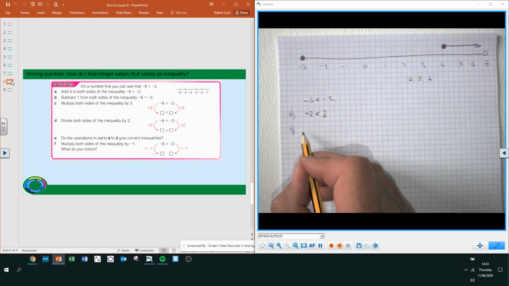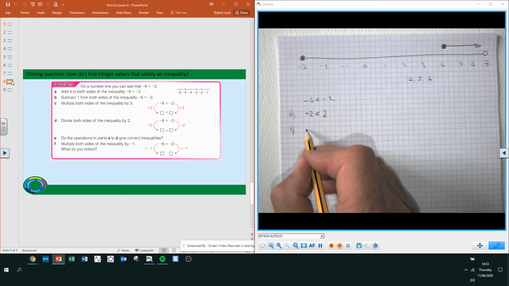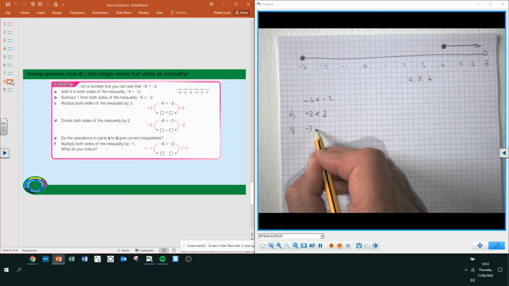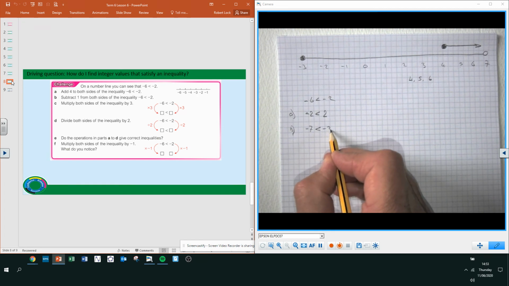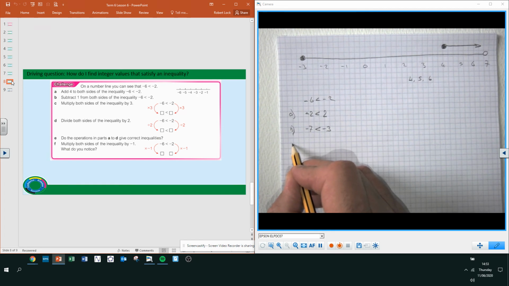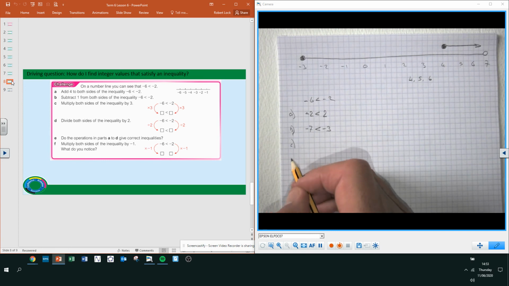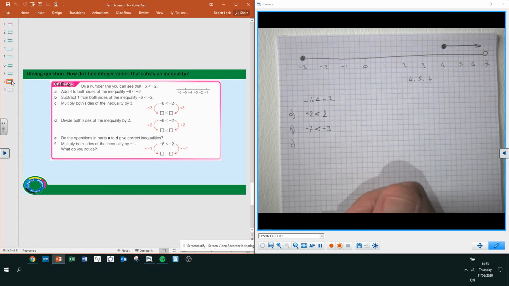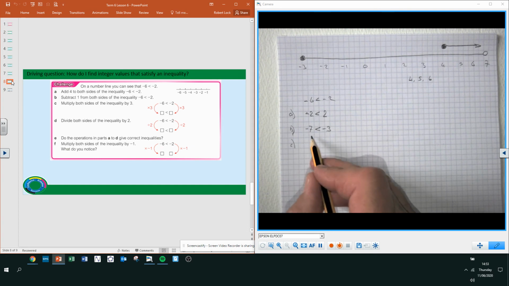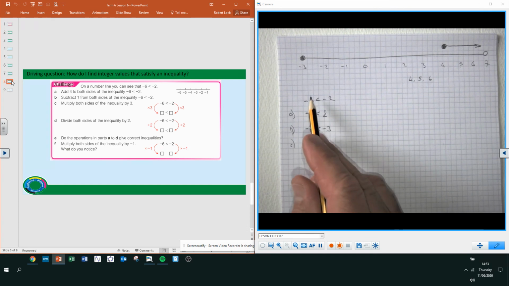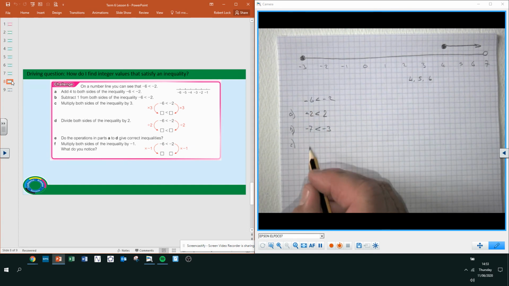B, subtract 1 away from both sides. Minus 7 is smaller than minus 3. C, if we multiply both sides by 3, 3 times 6 is 18, so it's minus 18, which is smaller than minus 6.